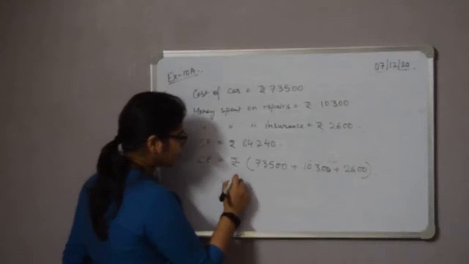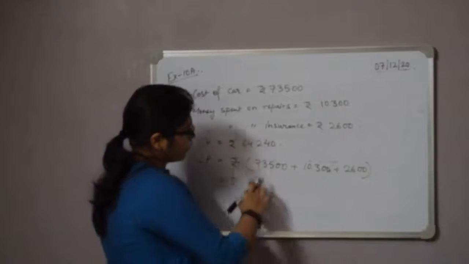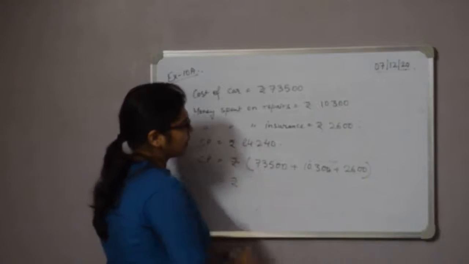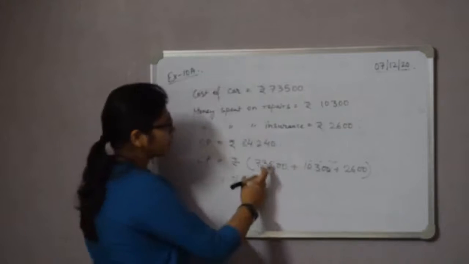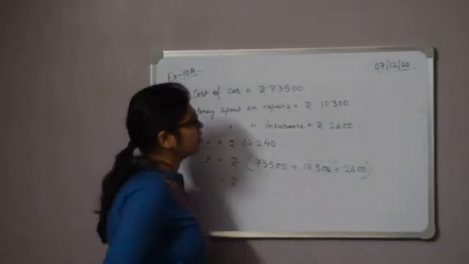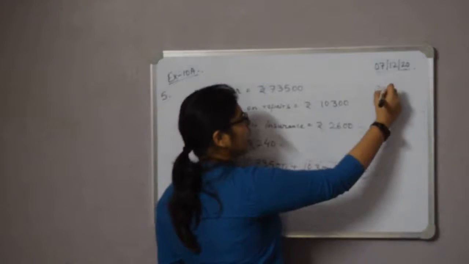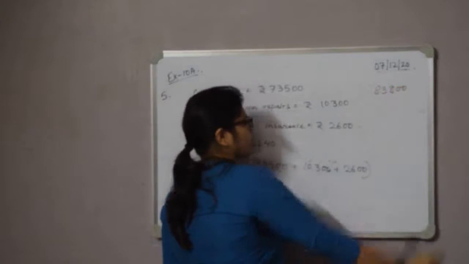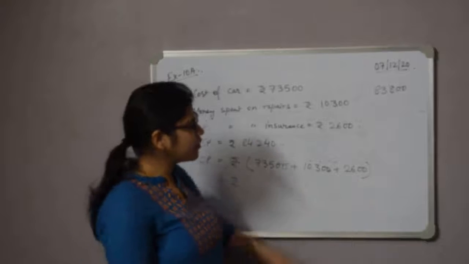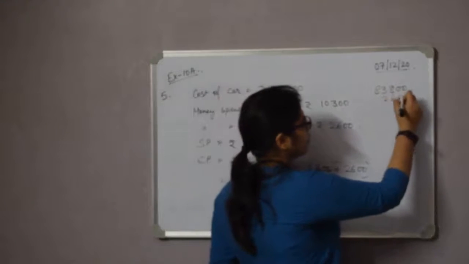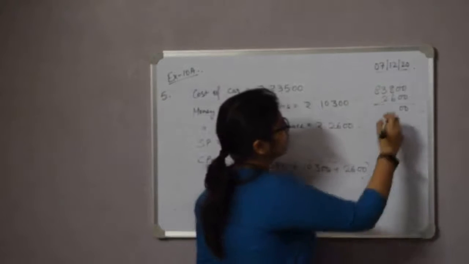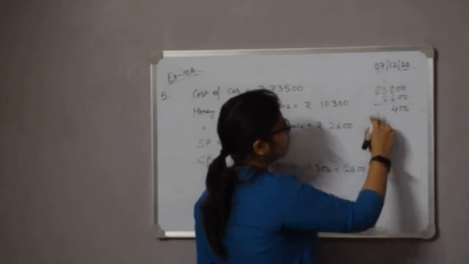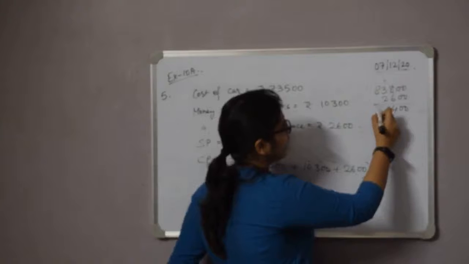So that means 73,000 plus 10,000 gives us 83,000. Now 83,500 plus 300 is 83,800. Along with that we have 2,600. So that means 8 plus 6, 14, carry 1, then 6 and then 8.